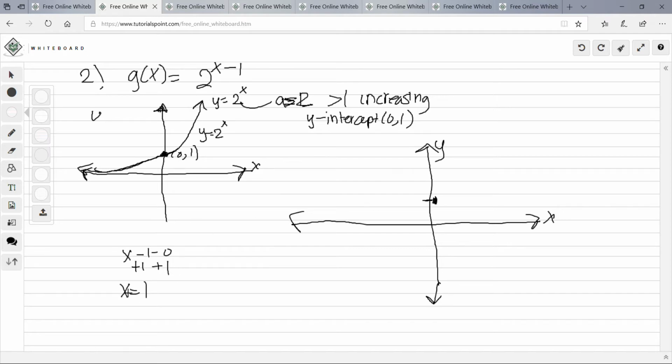So we're going to have to move on the x-axis one value. So instead of 0, 1, it's going to be right here, which is 1, 1. And then it's going to make that U shape, right? Because it's increasing.